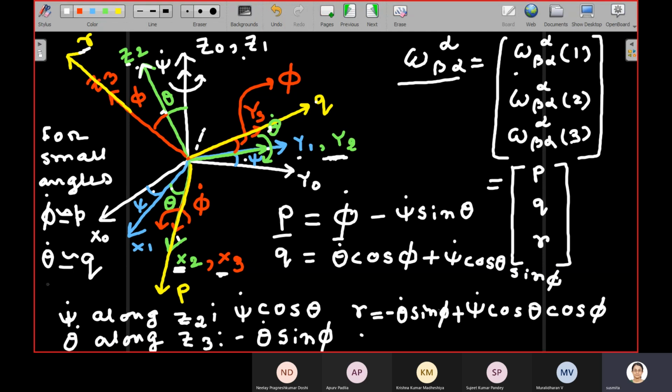We can say that psi dot is equal to R. This is one thing we need to use.